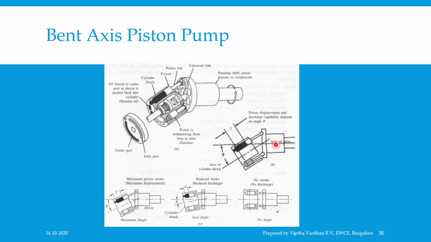The link does not transmit force except to accelerate and decelerate the cylinder block and to overcome resistance of the block revolving in the oil filled housing. The volumetric displacement of the bent axis piston pump is also similar to that of the swash plate piston pump.